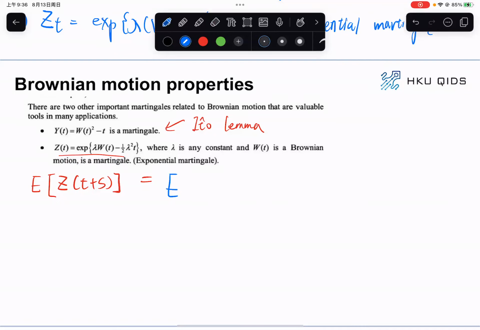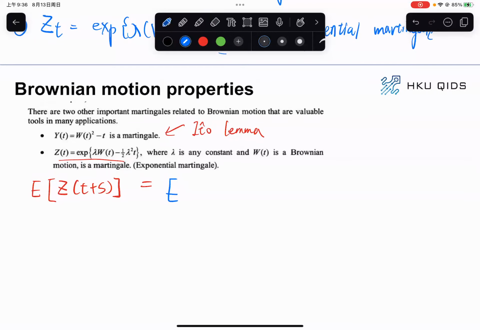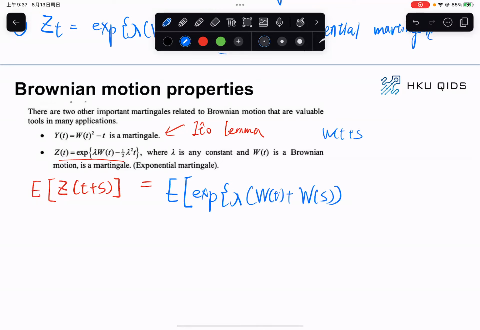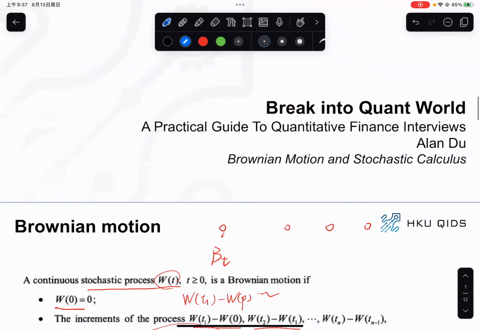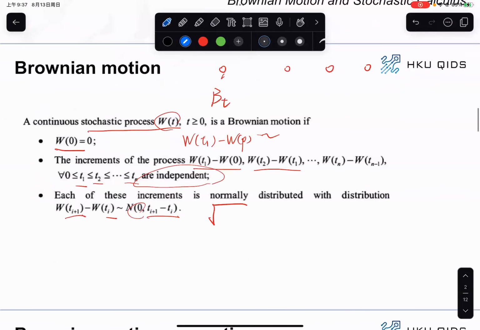First, we can take out the T plus S part, which is exponential of lambda times W_T plus W_S. Why can we separate W_{T+S} into this? Because using the second property, we know all the increments are independent. So this is W_T, we can say it is W_T minus 0.